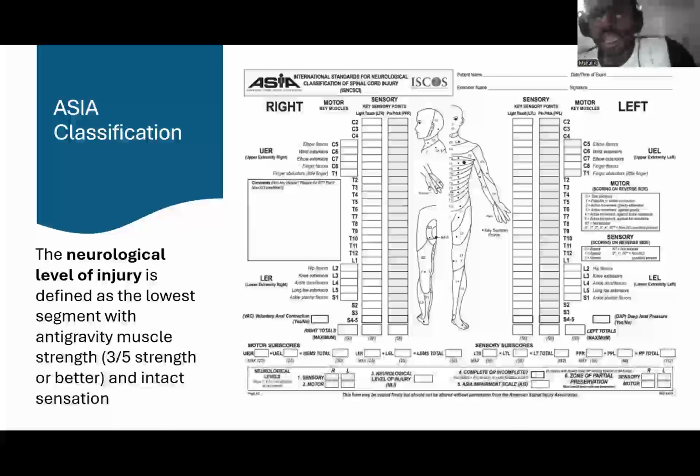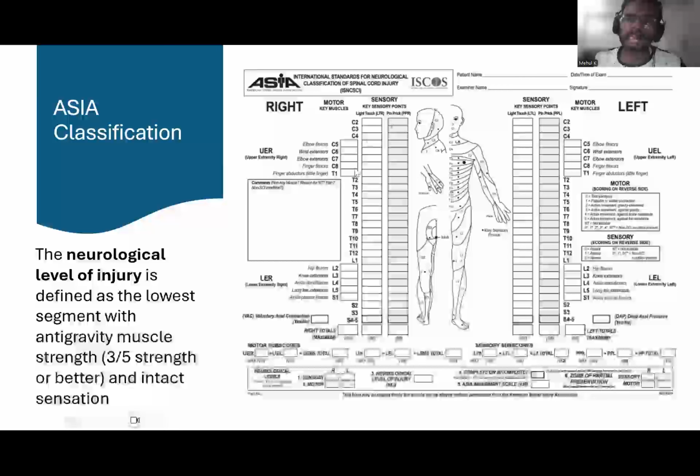Now the question is, how do you calculate the motor level of injury? It is usually the level which is having at least 3 by 5 muscle strength.